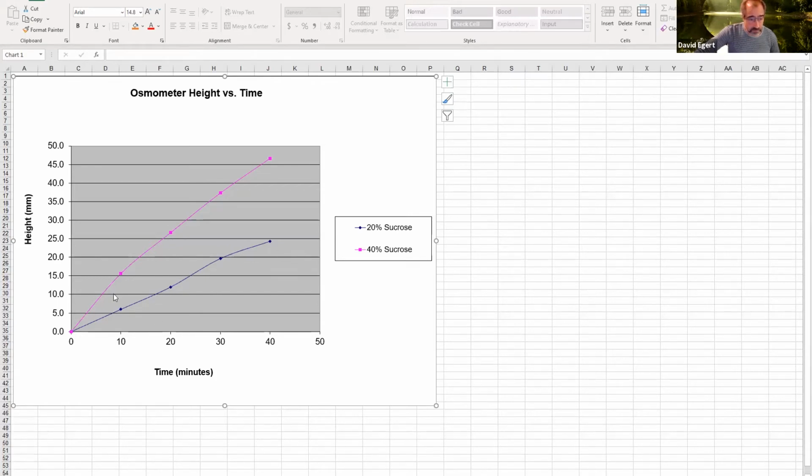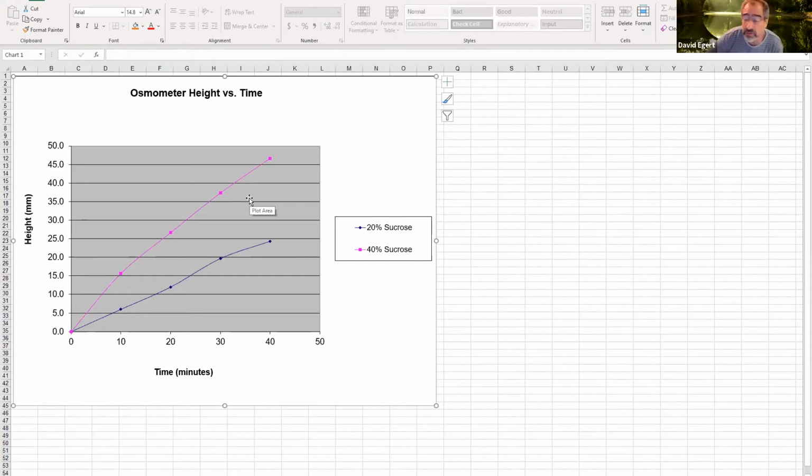And at any point in time, we can see that more water has come into the 40% than the 20% because the rate was always faster in the 40% than in the 20%. So we look at this, do our sanity check, and it makes sense. This is not making us worried that something really weird is going on. This is kind of what we were hoping to see.